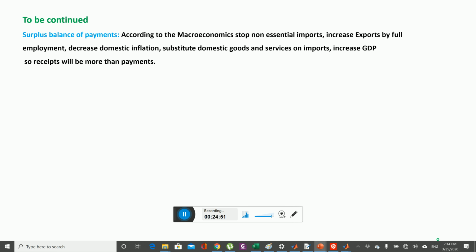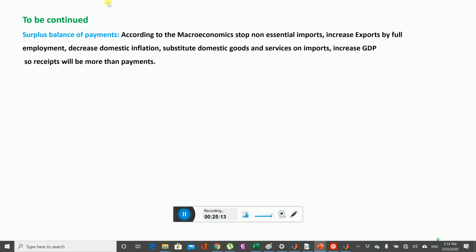When exports of Afghanistan are more than imports of Afghanistan, it means receipts, earnings from the foreigners, are more than the payments to the foreigners. And when earnings are more than the payments, your balance of payments will be in surplus. Your earnings will be more than the payments to the foreigners.